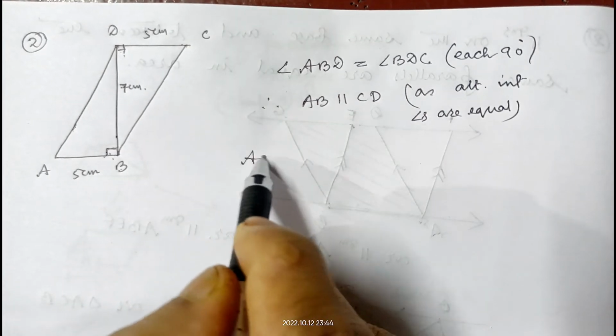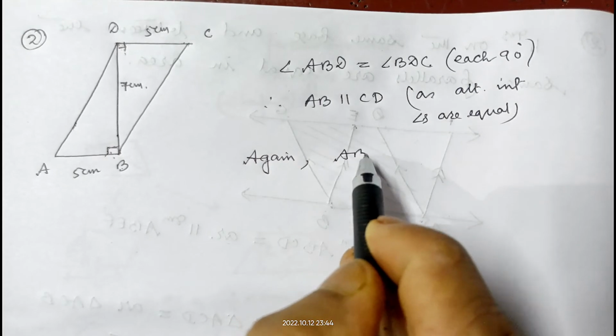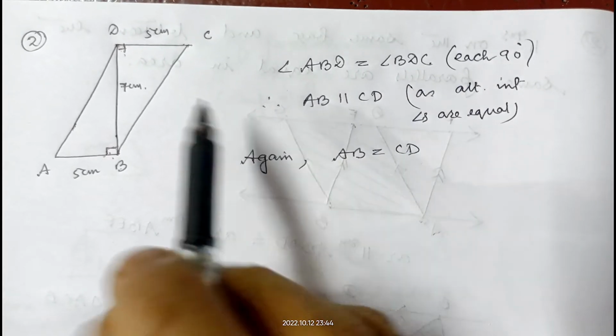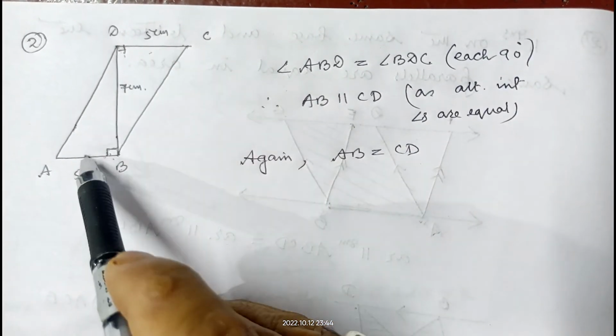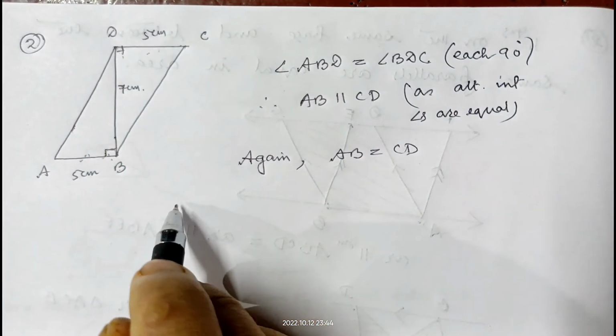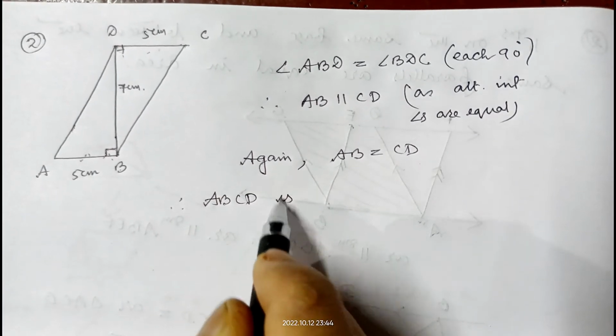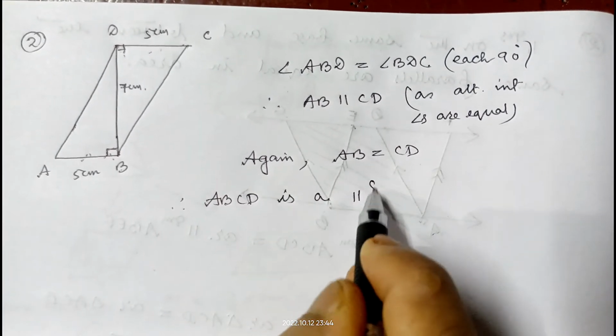Again, it is given that both of them are 5 centimeters. Again, it is given AB equals CD. So one pair of opposite sides are equal as well as parallel. Therefore, ABCD is a parallelogram.